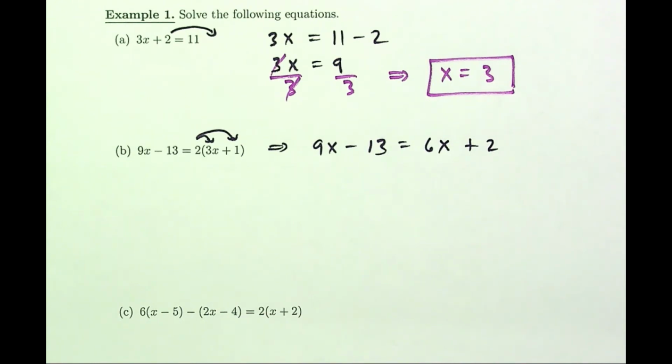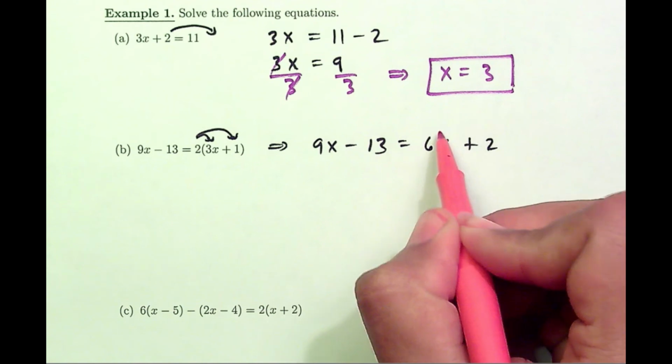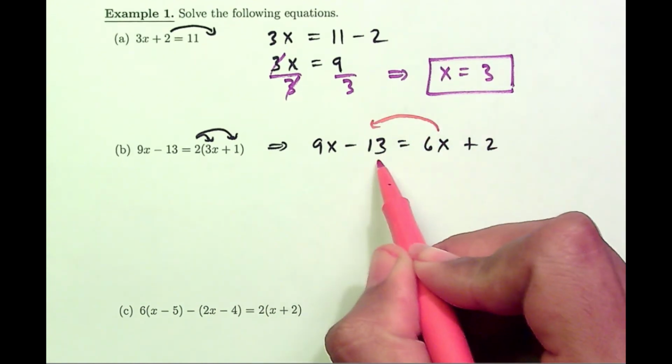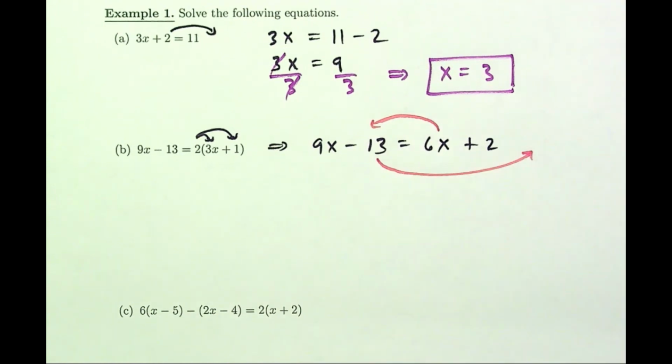Now, I want all the x's on one side and everything that doesn't have an x on the other side. So I would like this 6x to move to this side, and I would like this minus 13 to move to the other side.